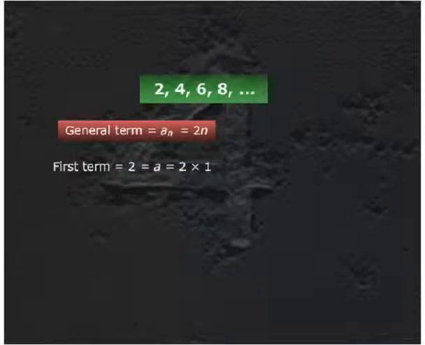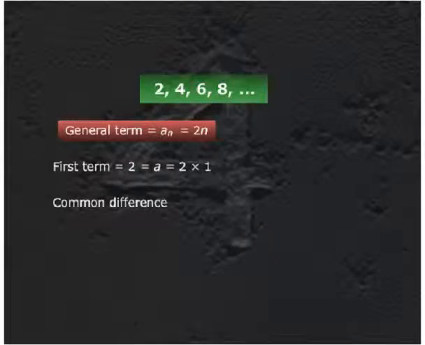To identify an AP, we always find the difference, I've told you that, between two subsequent terms. And this difference is known as common difference. So between the second and first term, a_2 minus a, the difference is called common difference, denoted by d.